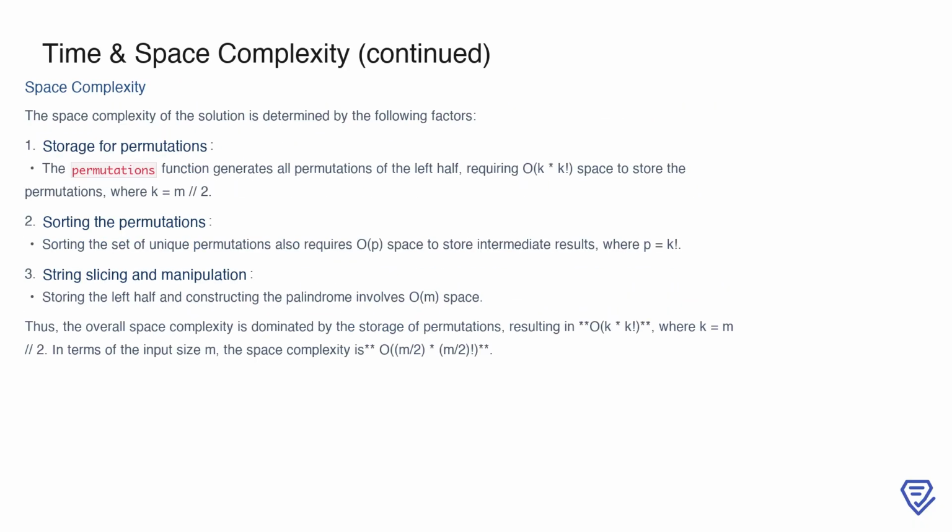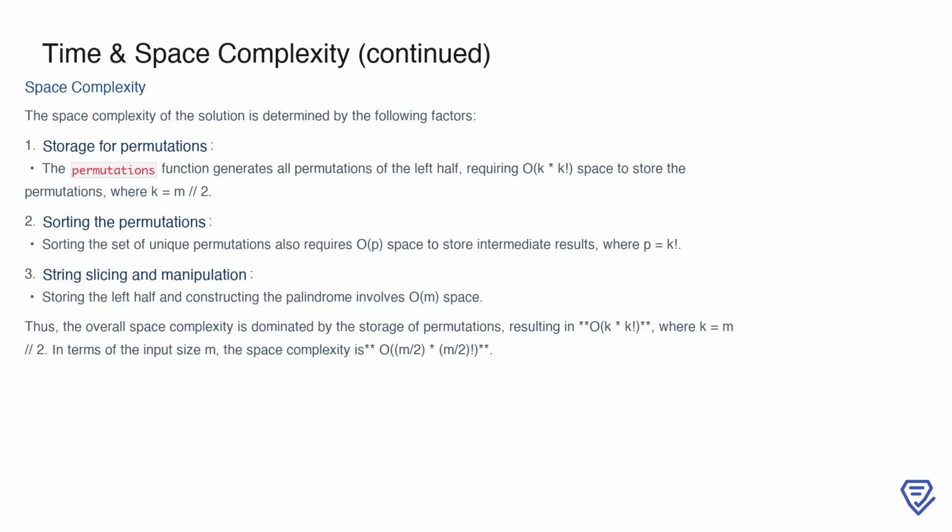The space complexity of the solution depends on several factors as well. First, the storage required for permutations dominates the space usage. Generating all permutations of the left half requires k*k! space. Here, k is m divided by 2, and the k! term reflects the factorial growth in the number of permutations.